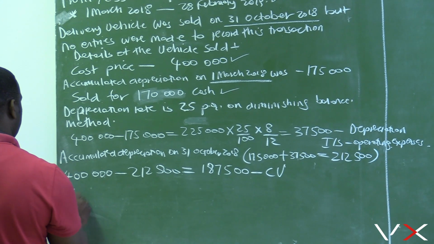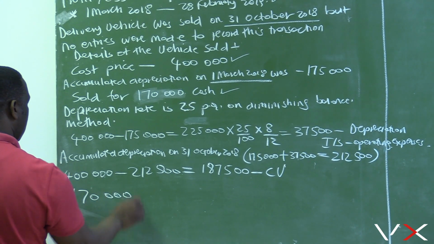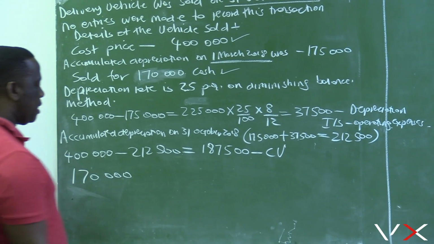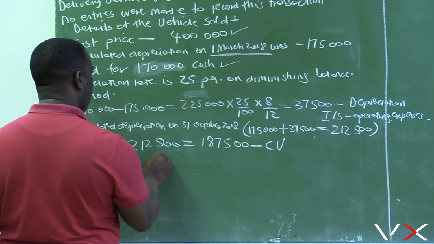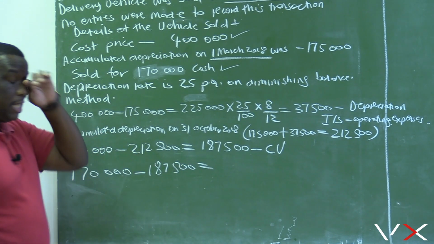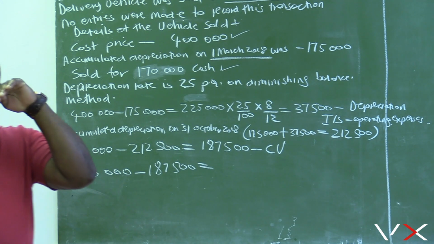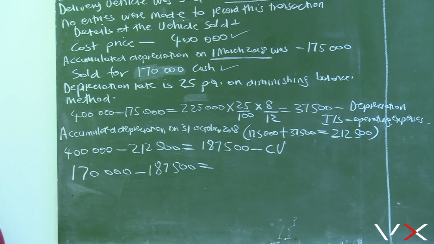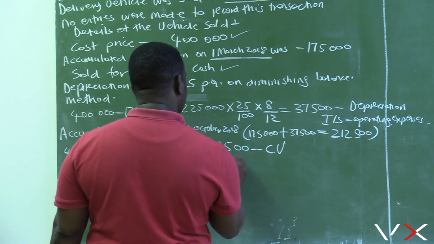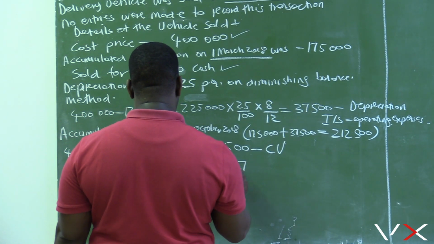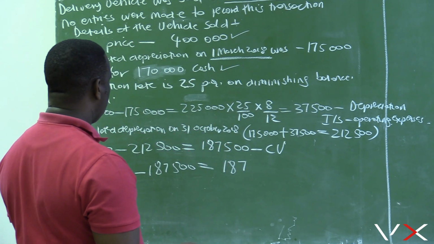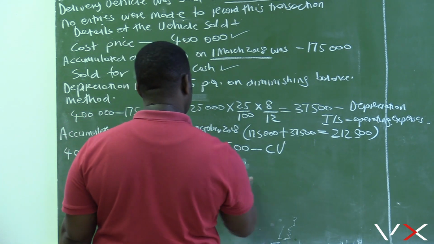Now this vehicle was sold for 170,000 when the carrying value is 187,500. It was sold at a price which is less than the carrying value. 170,000 minus 187,500, that is 17,500.